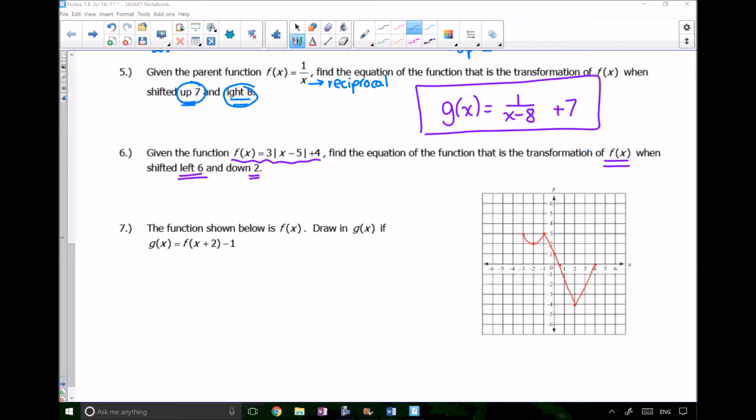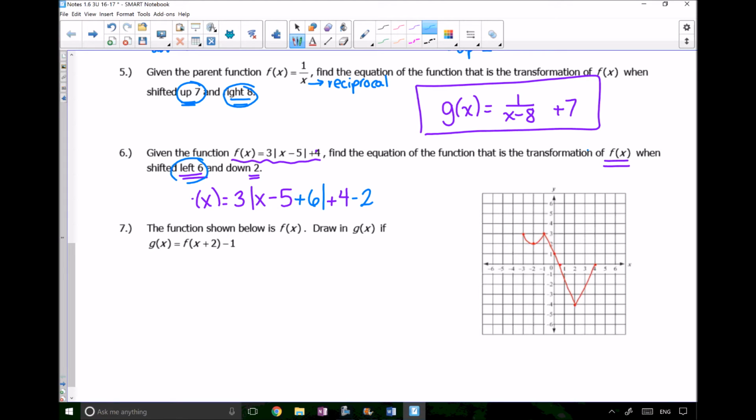So what that means is I'm going to take f of x, I'm going to keep the 3, I'm going to keep the x minus 5, but since it's going to the left 6, I'm going to add 6 onto this absolute value piece right here, because the left 6, remember, you have to do the opposite, so I would add 6 right here. Okay, and then I'm going to keep this plus 4 right here, and then if I go down 2, I have to subtract 2 from that value.